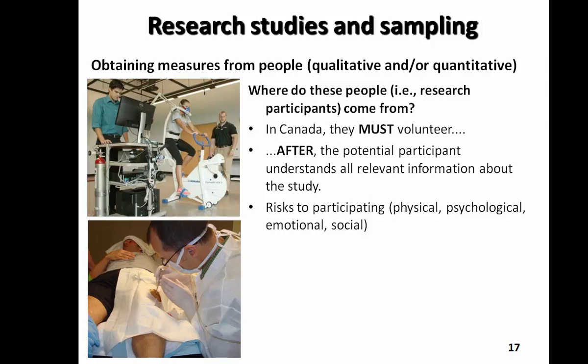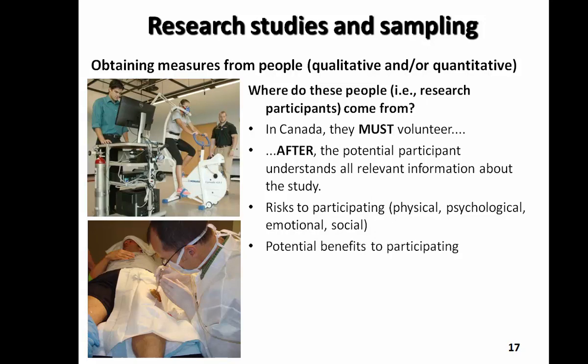So there are physical risks that are greater than what these individuals would typically perform on a daily basis. Some studies carry significant psychological risks. Emotional risks and social risks are all part of the research process that a participant must be aware of.